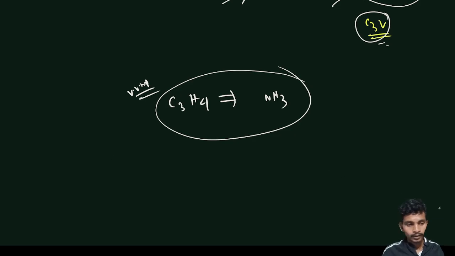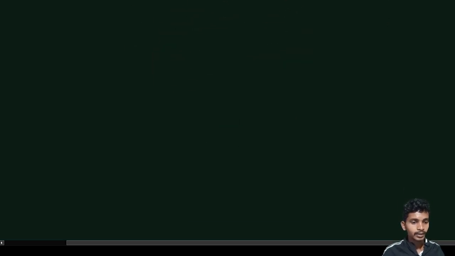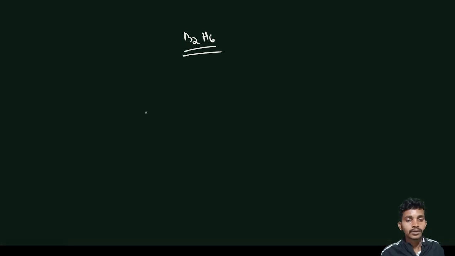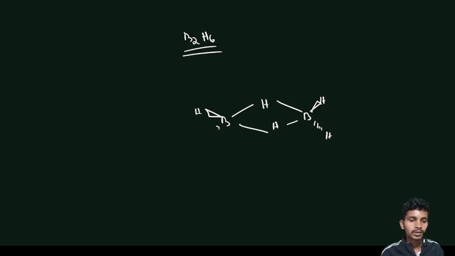And one more point group we will discuss, that is B2H6. So B2H6 I will draw B, let's say H, B, H, H, H. So this is the B2H6 structure.